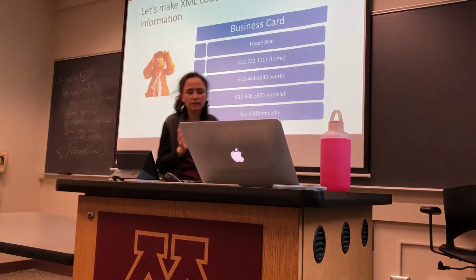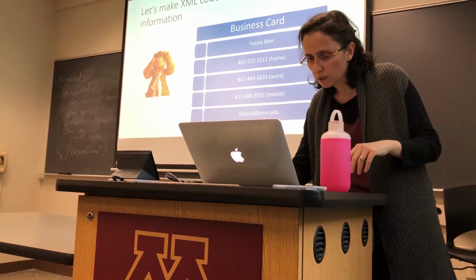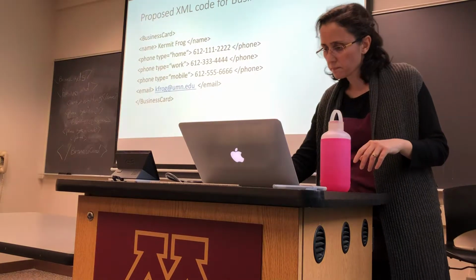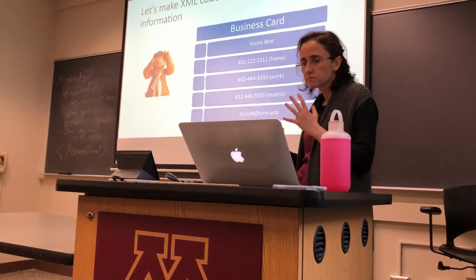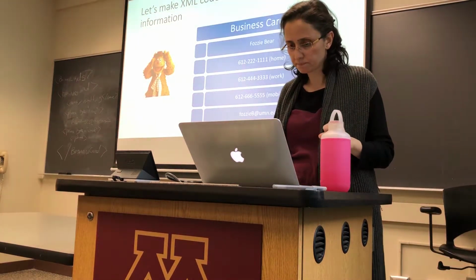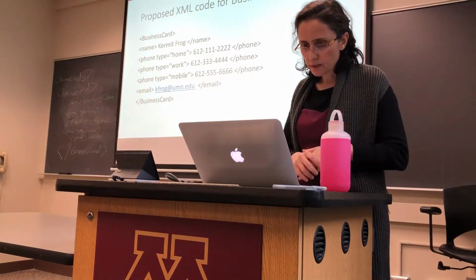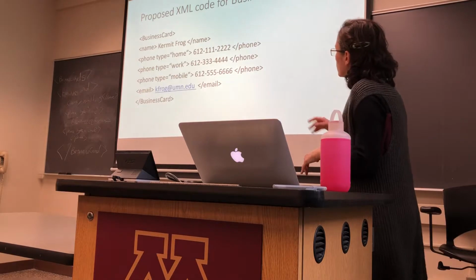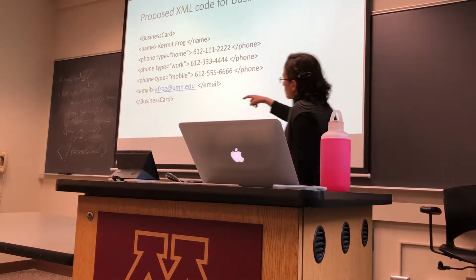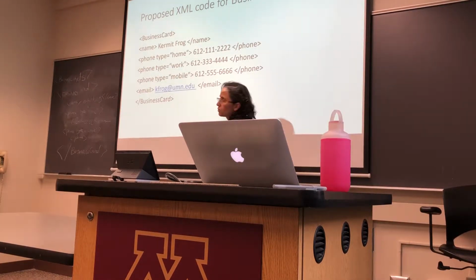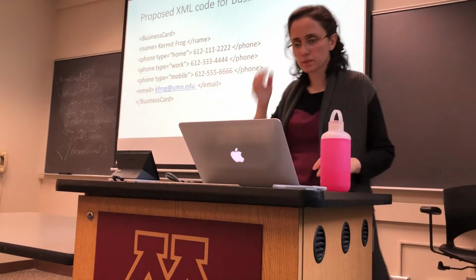Okay, so this is a way to try and make sense of how XML might look. Yeah, so here, that's a proposed code, but without the business. So here we're doing it only for one, for example. I mean, you did the code on your papers, that's okay.